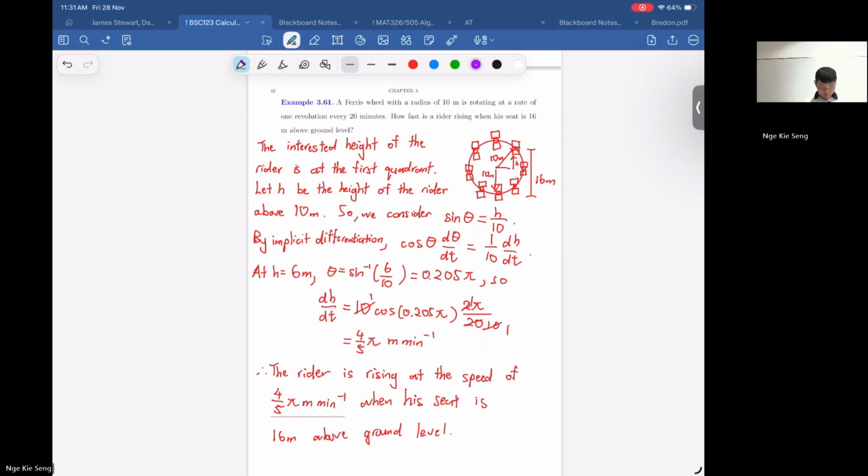Yeah. 60 above the ground level. So where's the ground level? Oh, you mean do we need to wait, let me see. Am I drawing the wrong picture? How fast is it from the 10 meters? Okay. So what's wrong here?